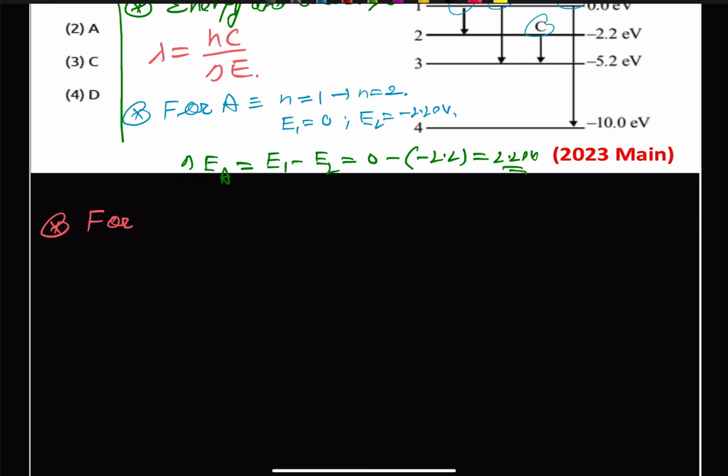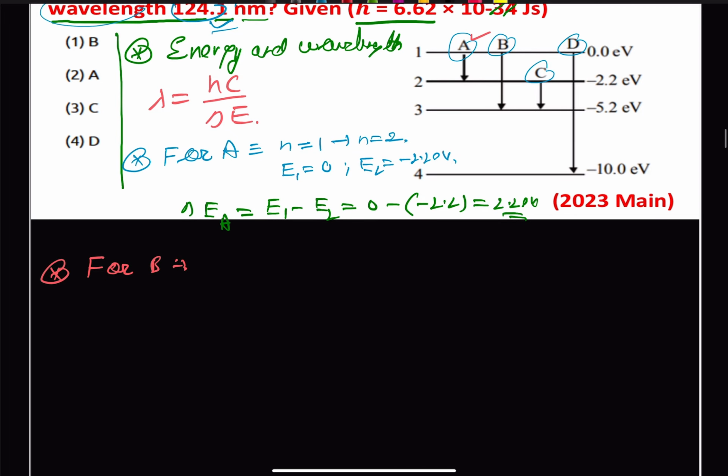Similarly, we are going to solve for B also. For B, we have a transition from N1 to N3, and energy E1 is 0, and energy at level 3 is minus 5.2 electron volt.